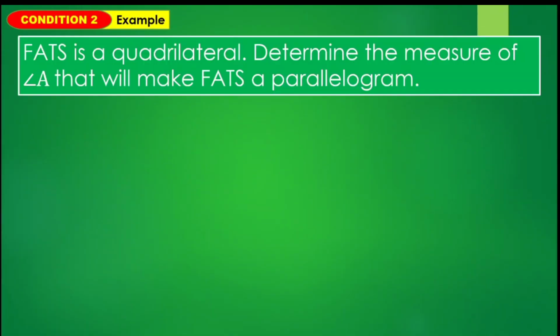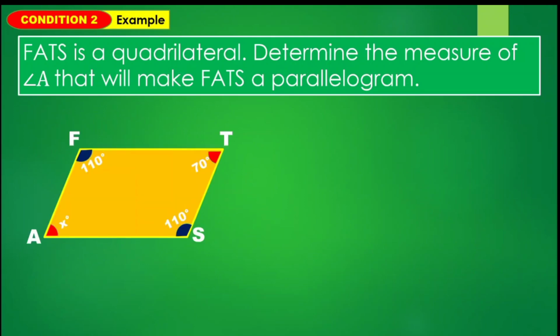Okay, let's take for example. FATS is a quadrilateral. Determine the measure of angle A. Where is angle A here? So this here, angle A, that will make FATS a parallelogram. So from the given that angle F is 110, congruent to angle S, which is also 110, and angle T is 70 degrees. So therefore, without any solving, you could say angle A is equal to 70.